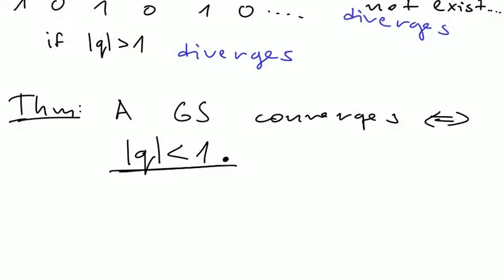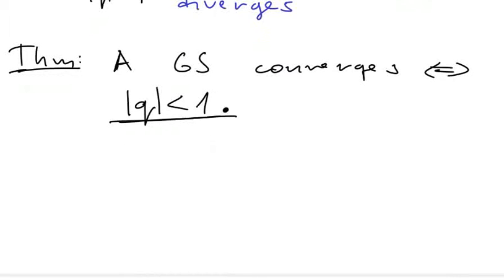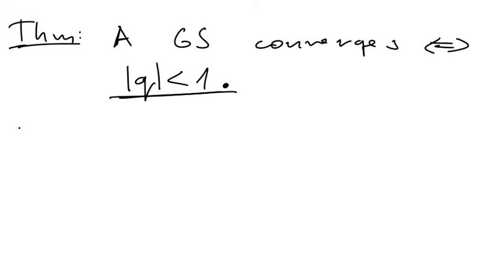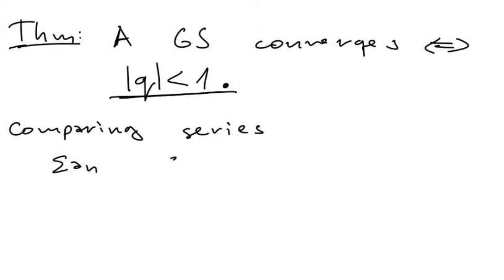So what we would like to do is use geometric series to decide whether some other, more complicated series converge or diverge, and we can use the following idea based on comparing series. Imagine we have a series an, and we have another series bn, and all the numbers an and bn are positive or non-negative.